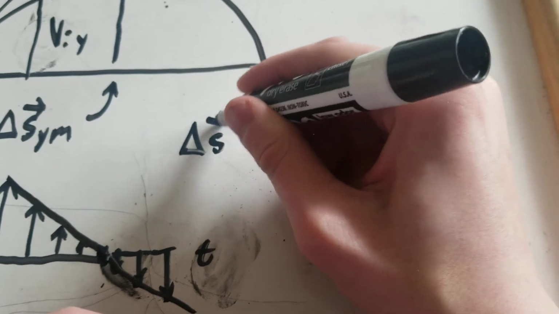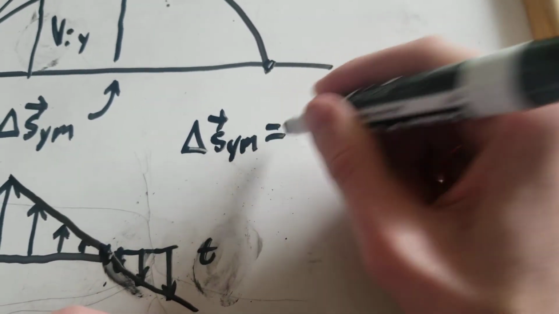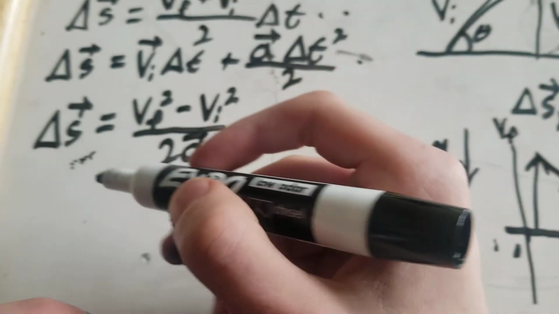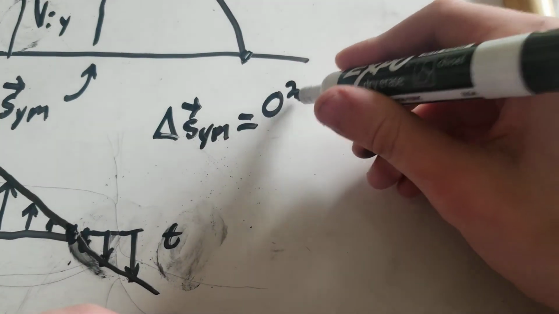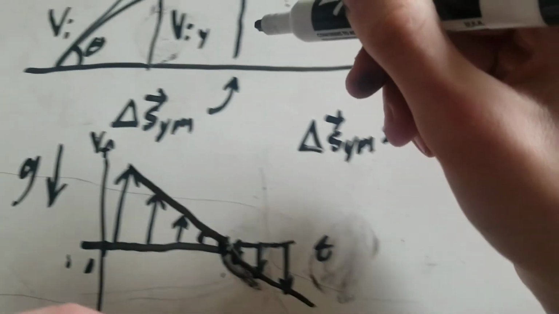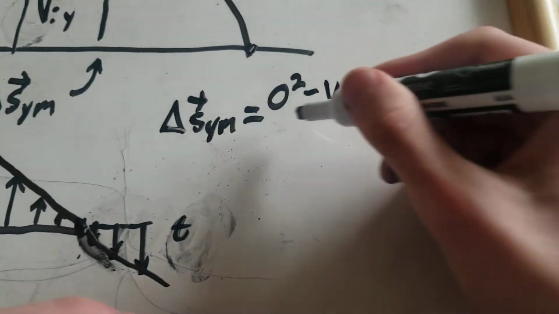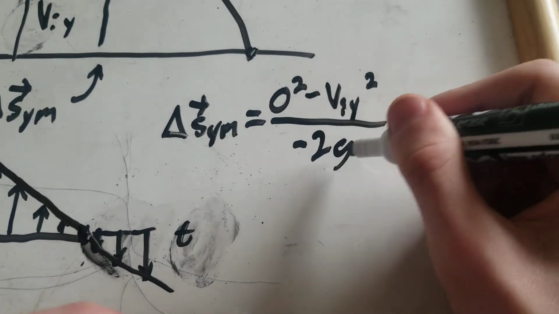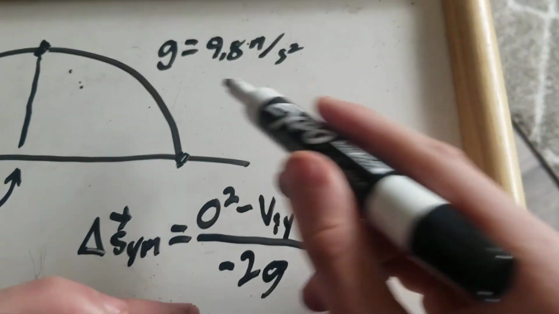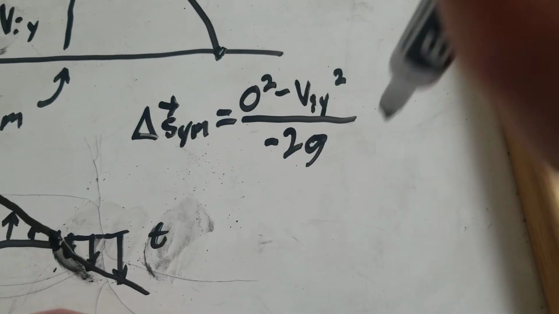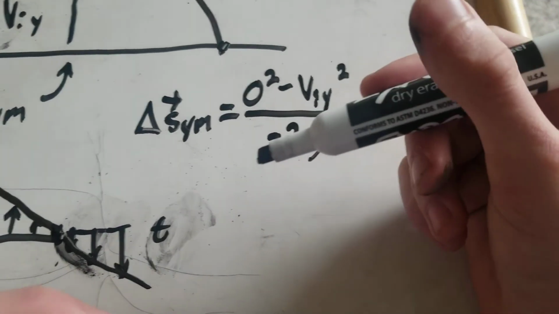So the maximum vertical displacement is equal to 0 squared, so you know that this is the final velocity here, minus the initial velocity. Now in this context, we have the vertical initial velocity squared, all over negative 2g, because g is pointing downward, so we have to make this negative. We defined it as a positive number here, but we want to make it negative because the acceleration is pointing down, and usually down is negative.